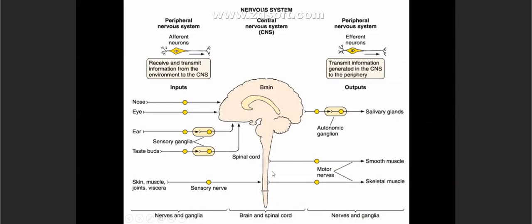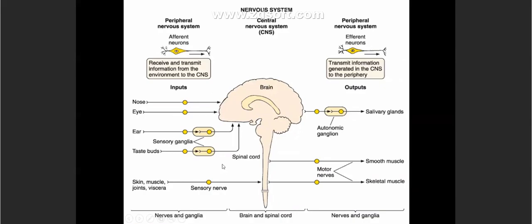Whatever the case, these are parts of the peripheral nervous system. They can be afferent neurons or efferent neurons. One goes to the CNS, the other away from the CNS. Again, the peripheral nervous system involves impulse transmission from the interior of the body through the autonomic nervous system, or from muscles and the skeleton, somatic.